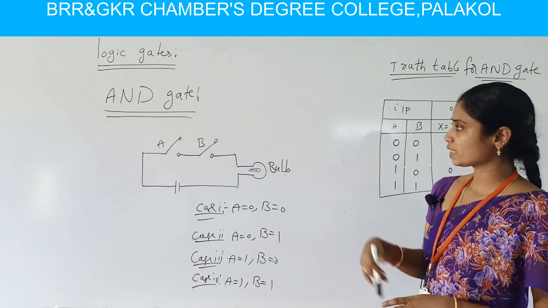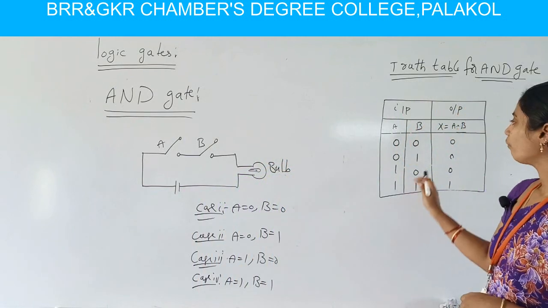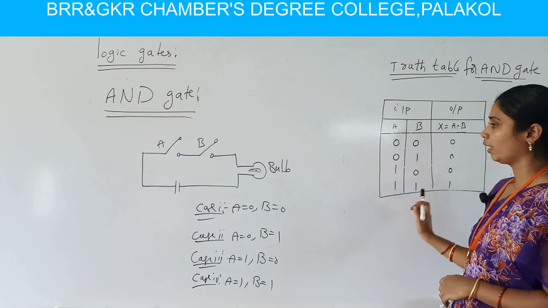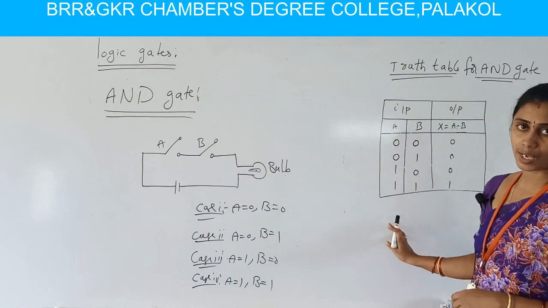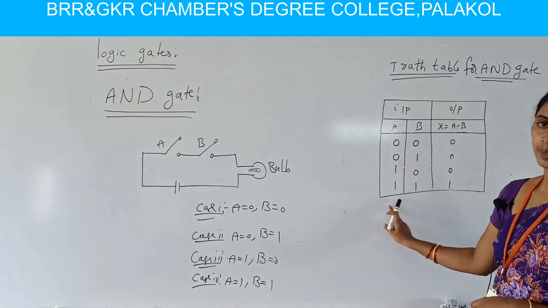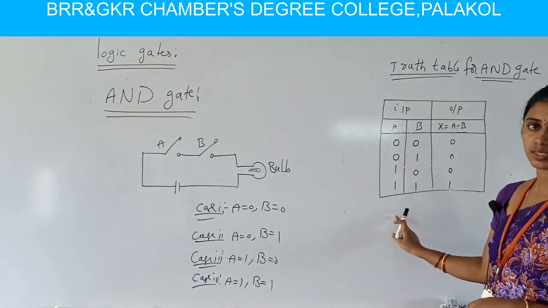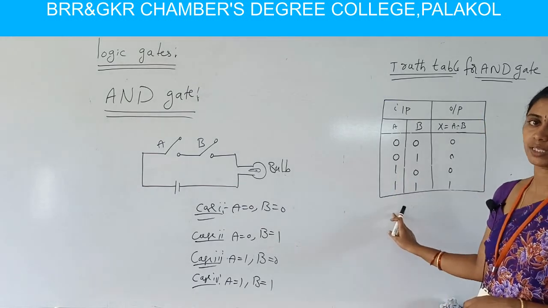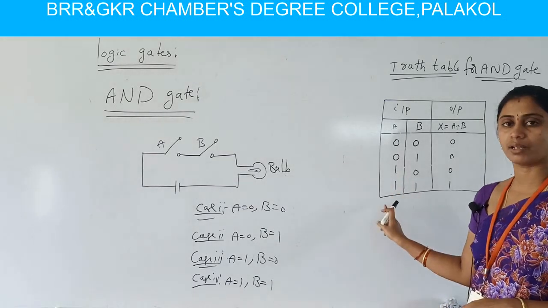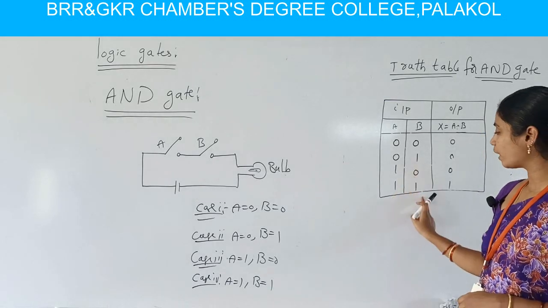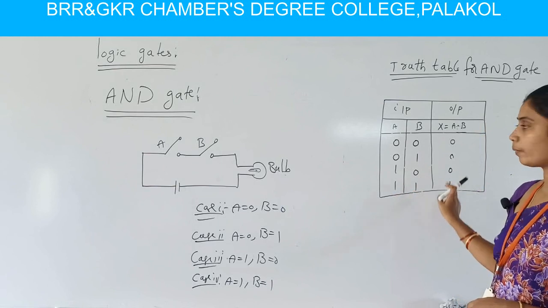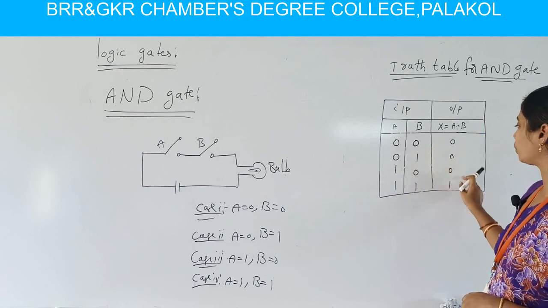So from these operations of the AND gate, we can conclude that the output is high only when both inputs are high, that is, both inputs are in logic level 1 state. When the A variable is at logic level 1 and the B variable is also high, only then is the output high. In the remaining three cases the output is low.